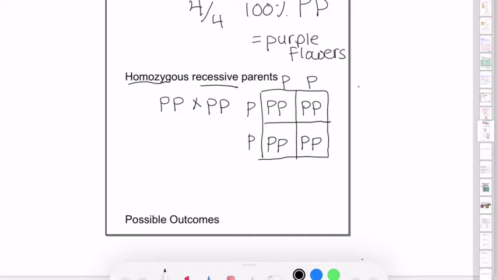So all of them again would be 4 to 4 of them would be little p, which I did as being green. That is 100%. And that would be white flowers.